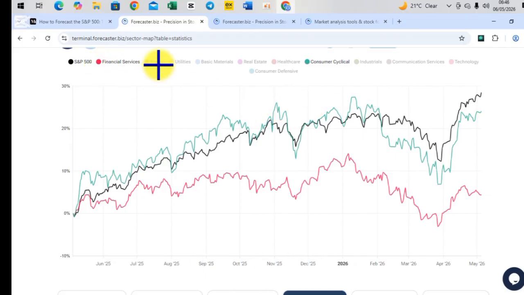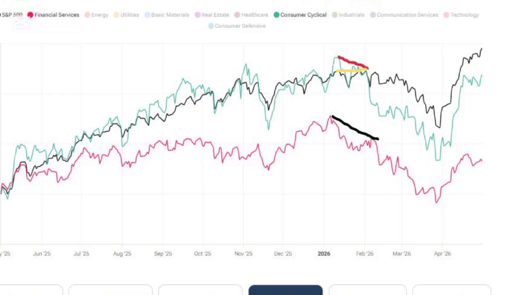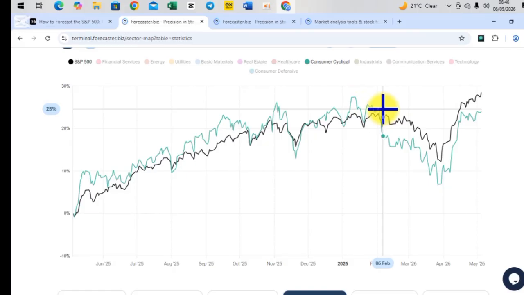So if once again I switch off this one, you can also see the same thing here. The S&P 500 created double tops, no higher highs. It failed to create another high. But here, if we go to the consumer cyclical, it created a lower high. You can see I can even plot it from here up to here. Is that clear?